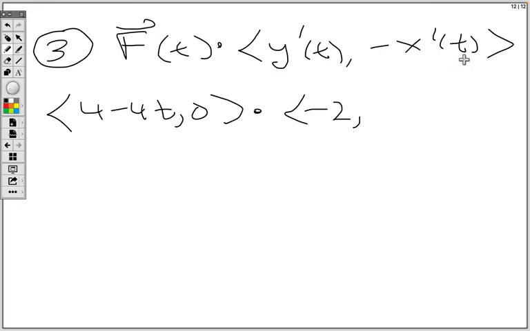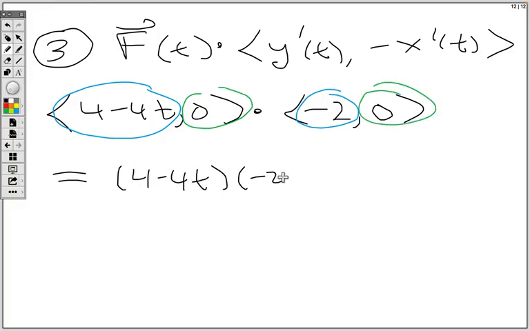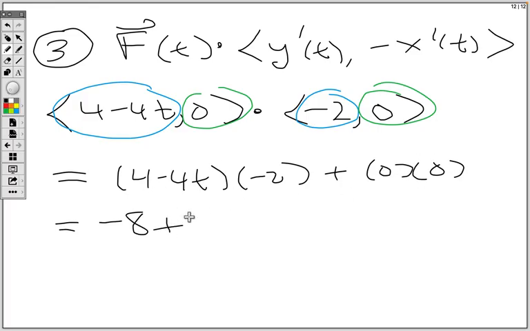And then x prime of t, since x is 0, that's going to be 0. So here we go. Multiply the corresponding components and add up the answers. We get 4 minus 4t times negative 2 plus 0 times 0, and I'm going to get minus 8 plus 8t.